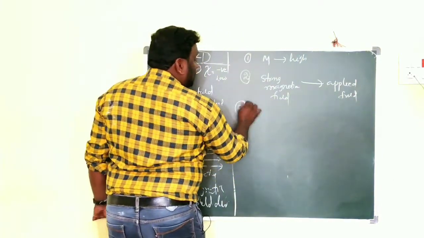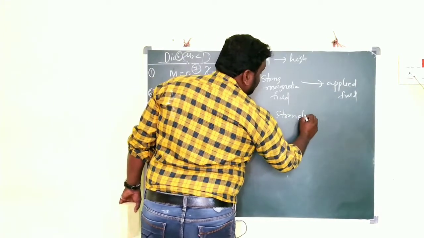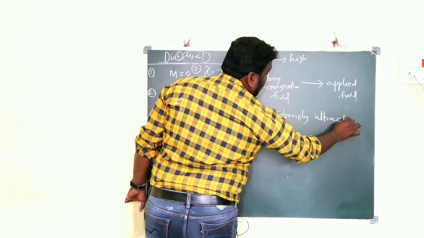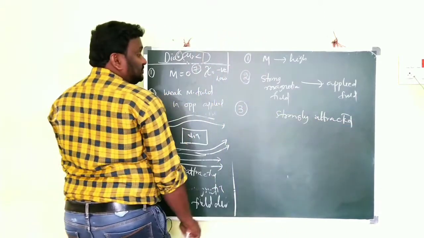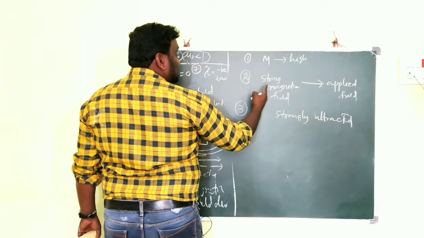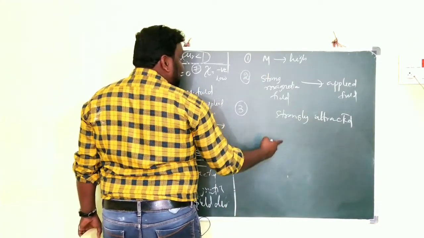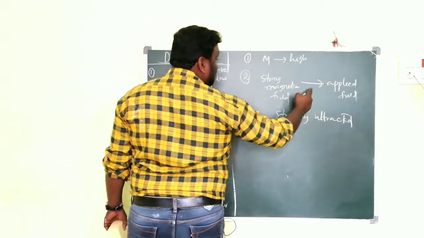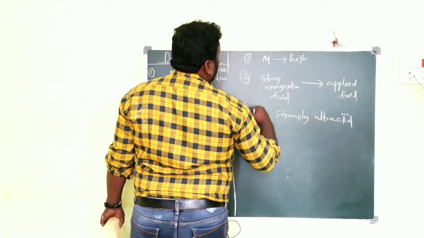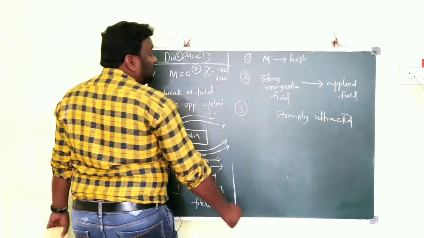And ferromagnetic substances are strongly attracted by the magnet. Clear? This is another property. When a ferromagnetic material is placed in some external magnetic field, it creates a strong magnetic field in the direction of the applied field. And the third one, a ferromagnetic material is strongly attracted by magnets.